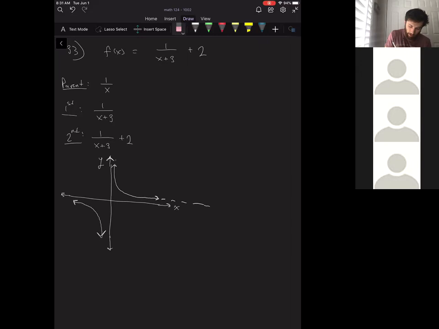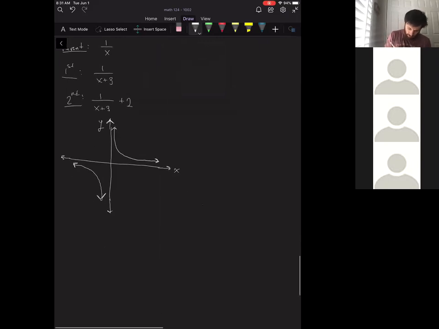So that's important to keep in mind. And same with down here. The graph gets really close to the y-axis as it goes down and down, but it never touches the y-axis. And the graph over here, as we keep going, gets close to the x-axis, but it's never going to touch the x-axis. So when we're shifting this graph around, we have to keep that in mind. So this is just 1 over x.